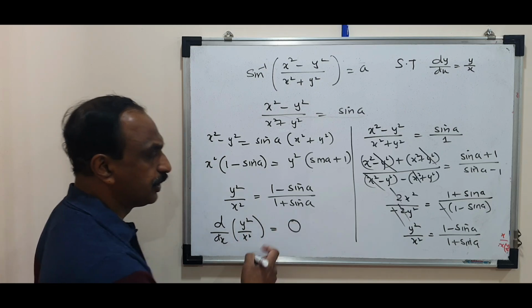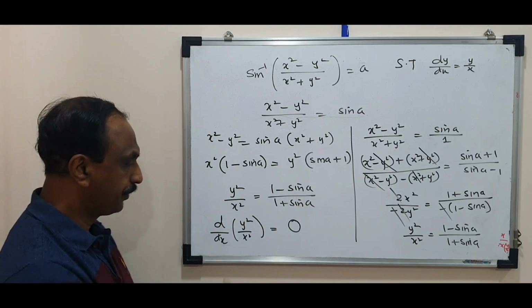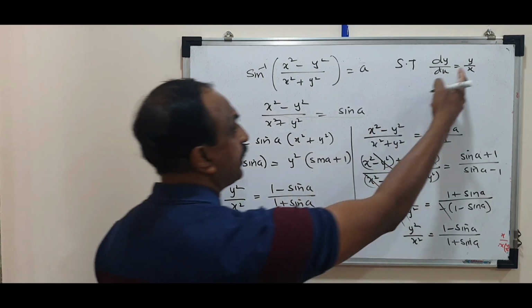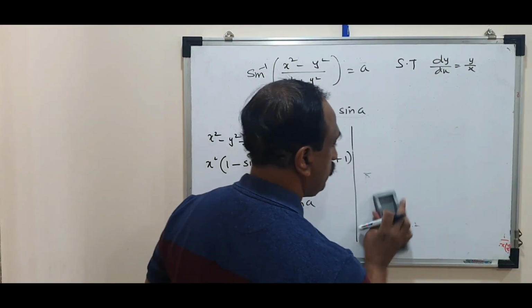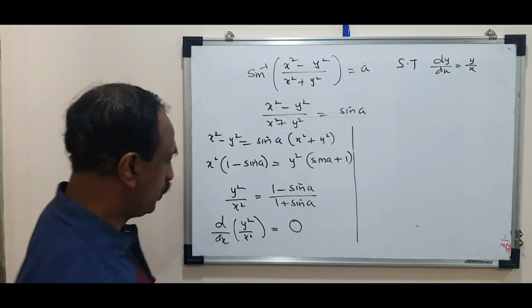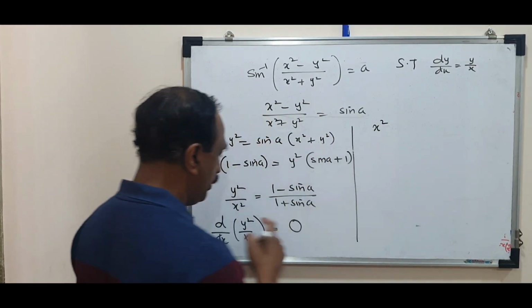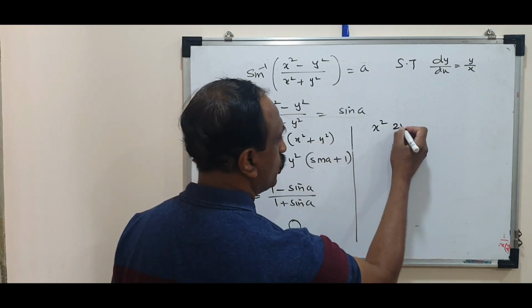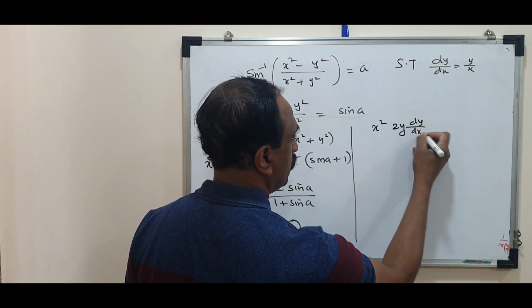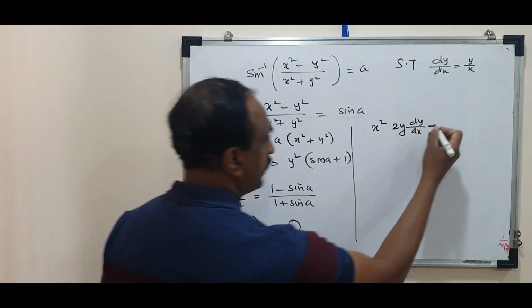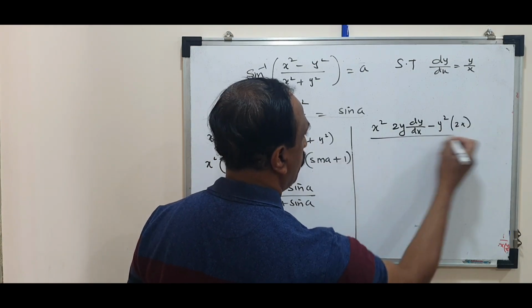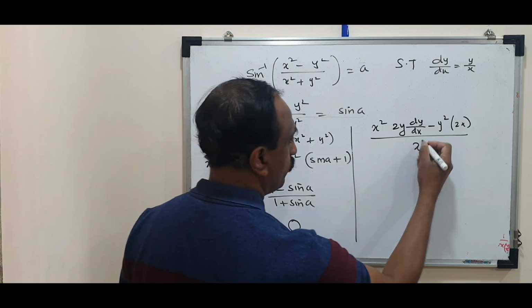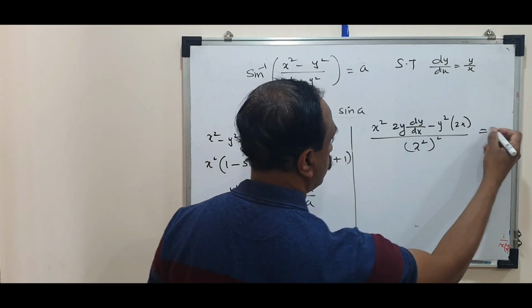Right hand side will become 0 because a is a constant. Now when you differentiate this, you will end up in y by x. So now I'll show you that. So I can say x square into derivative of y square, 2y dy by dx, minus y square into derivative of x square, 2x, upon denominator square equal to 0.